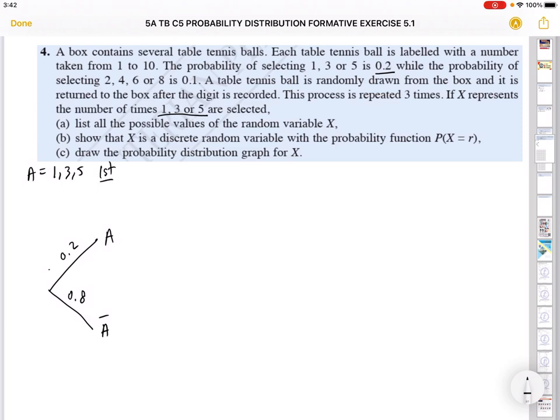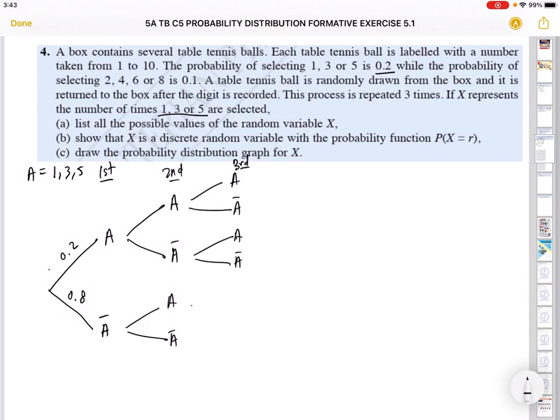In your second draw, you have A and A bar, A and A bar. In your third draw, you can again get A or A bar. Remember, A means getting 1, 3, 5, and A bar means not getting 1, 3, 5. Now you can label everything 0.2, 0.8, 0.2, 0.8, and so on.